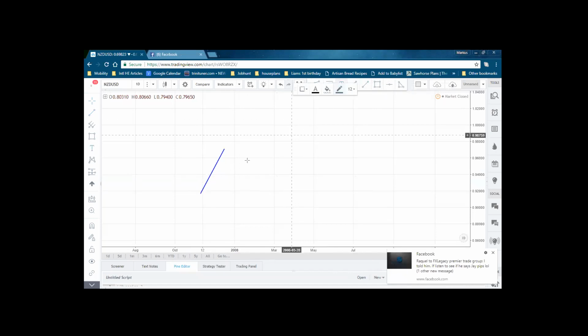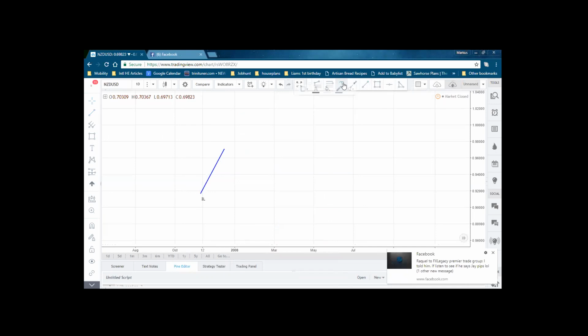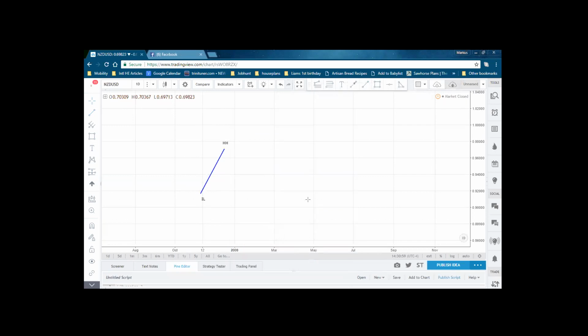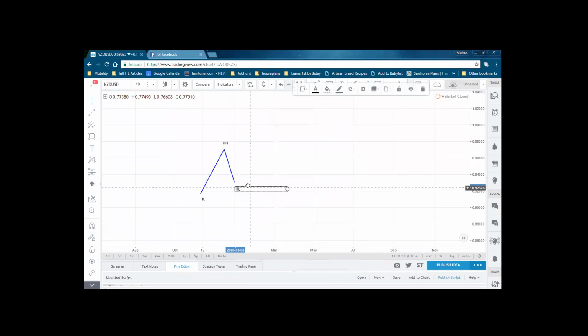Let's say we are starting off here. Low, and we hit this high. Now, it may retrace and form a higher low. So far, so good. We're still in an uptrend, right?